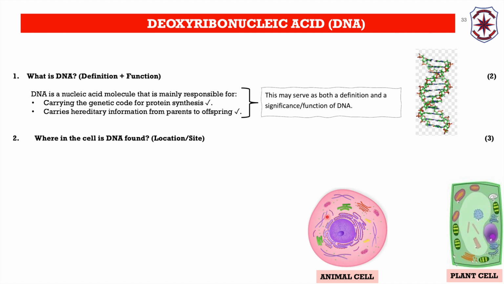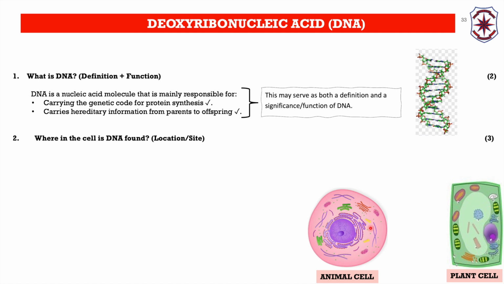In the animal cell, there are 2 locations where DNA is found, and in the plant cell, there are 3 locations where DNA is found. Remember, from the previous lesson, we have studied briefly the different structures of the cell that are relevant for the grade 12 curriculum.